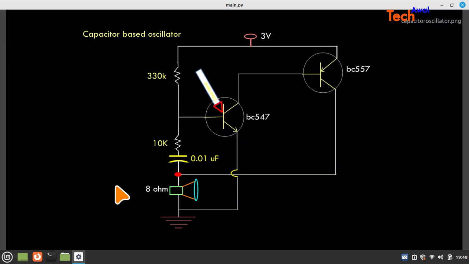There are two junctions: one junction is base and collector, and one junction is base and emitter. If the base-emitter junction is in forward bias, in the active region, and the base-collector junction is in reverse bias, then the transistor is said to be in the active, on state. Similar condition here.